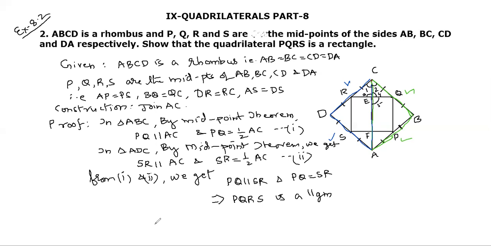This triangle ERC, and this other triangle. If we show these two triangles are congruent, then, side: AC bisects angles 1 and 2 because AC is the diagonal, and the diagonal of a rhombus bisects the angles.